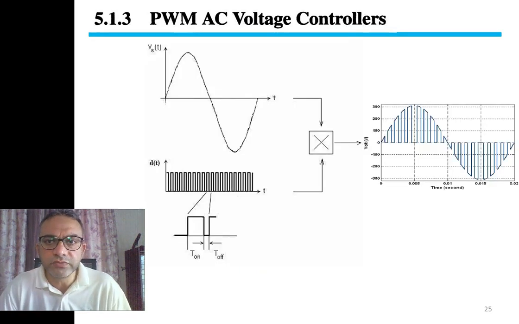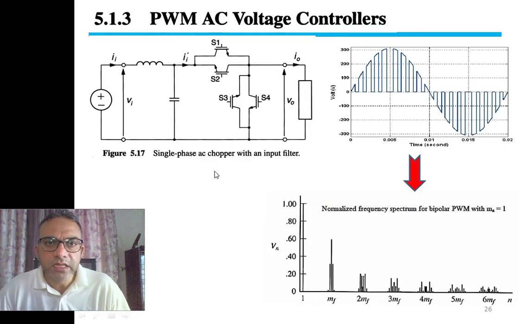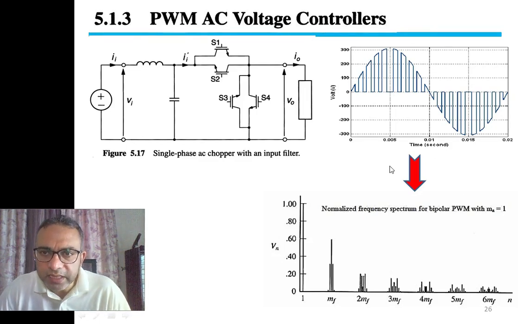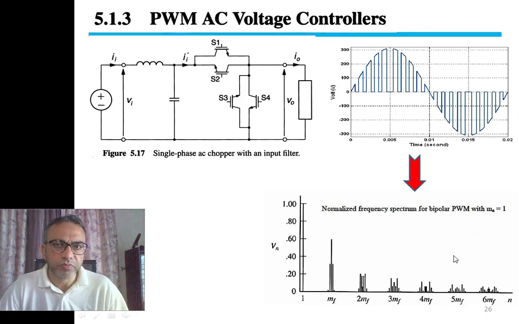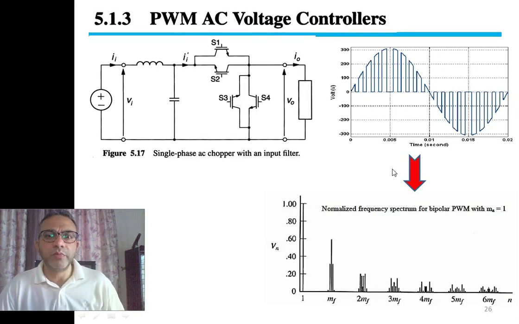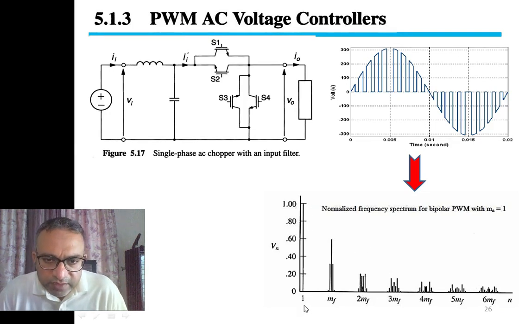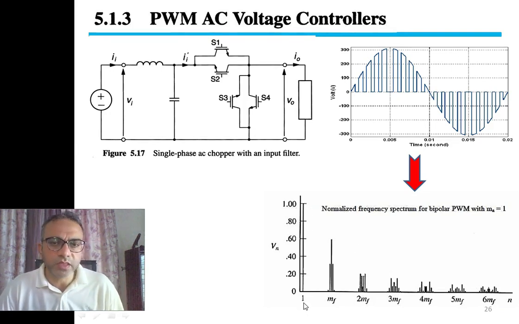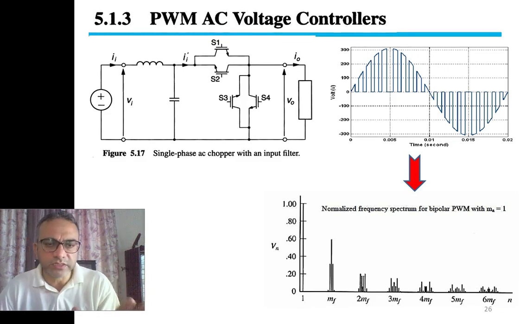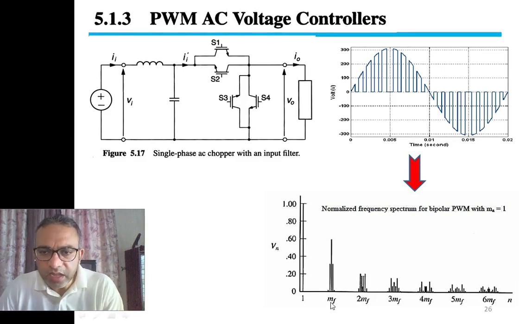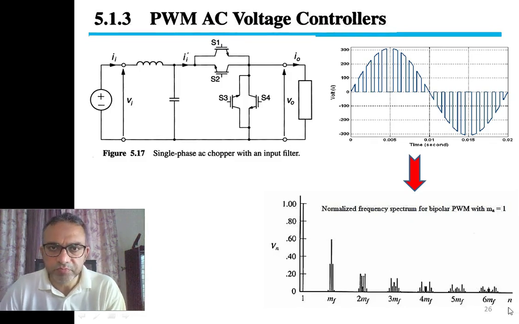So this is what is being shown: the output voltage of the PWM AC voltage controller, and this arrow indicates the frequency spectrum. This is our fundamental component. This is fine. We want this. But the remaining unwanted harmonics are to be eliminated.